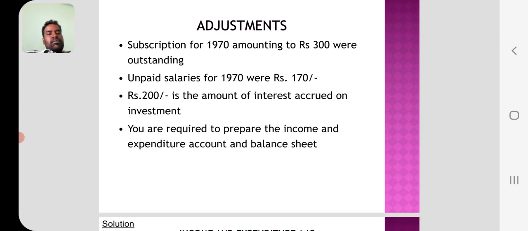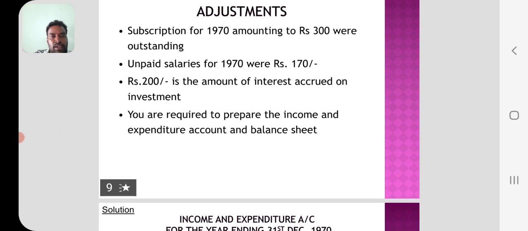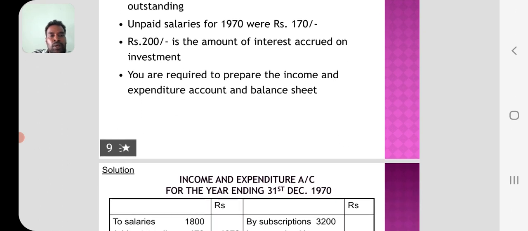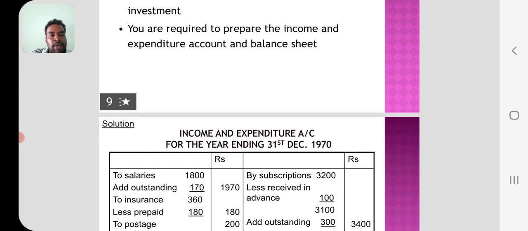Rupees 200 is the amount of interest accrued on investments, which we receive in the form of interest from investments. Then we are required to prepare the income and expenditure account and balance sheet.